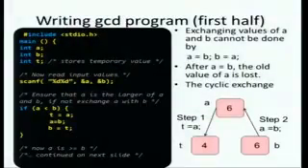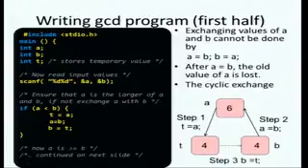Then I will say A equal to B. At this point the value of B will be copied to A. So now A is 6, B is 6, but we still have a memory of what A was before, because the old value of A was stored in T. In order to complete the routine, all you need to do is copy the value of T to B, and that can be accomplished by the assignment statement B equal to T.